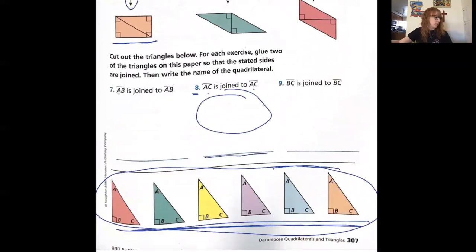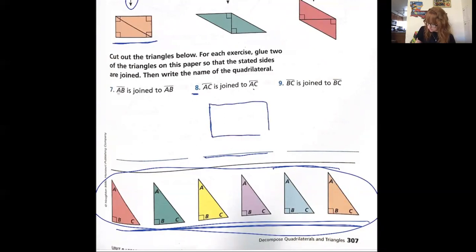So number 8, since we've talked about that one already together, you're going to glue 2 of your triangles together, and it will come out as a shape looking like this. It doesn't matter if it looks like this or if it's turned. You can turn it this way. It can be sideways. It doesn't matter.